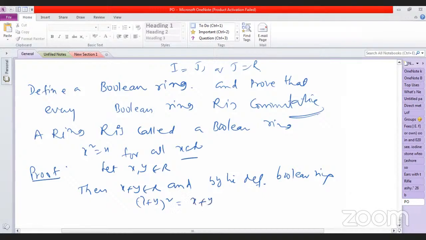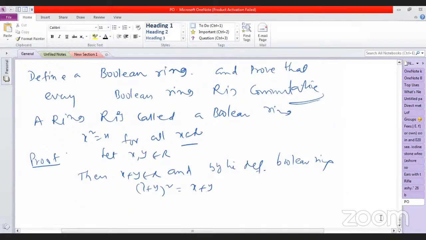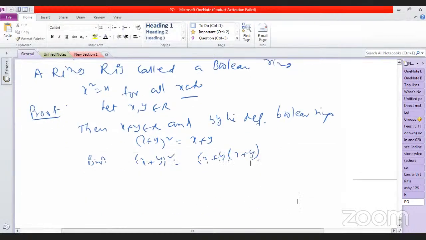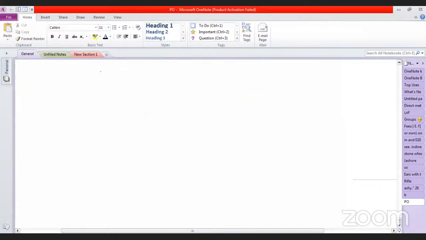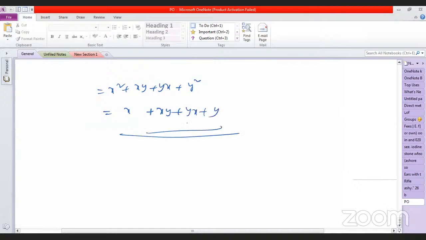Therefore, (x plus y) whole square is equal to (x plus y) into (x plus y), which is x square plus xy plus yx plus y square. So by definition we can write x plus xy plus yx plus y.